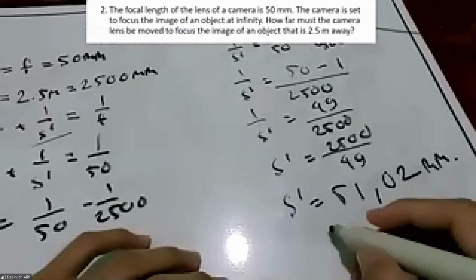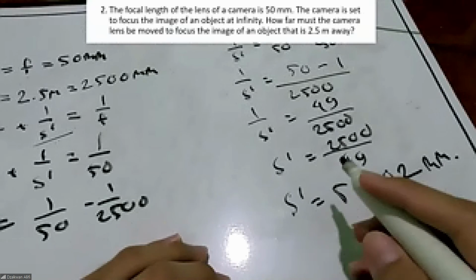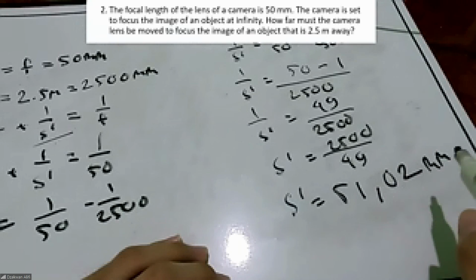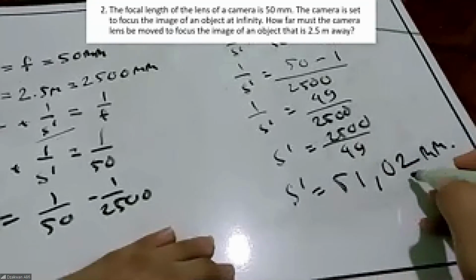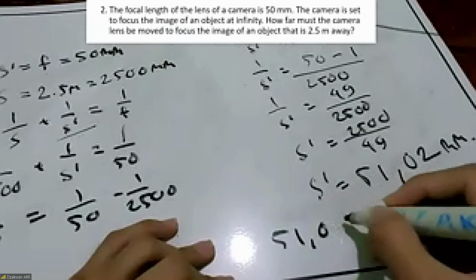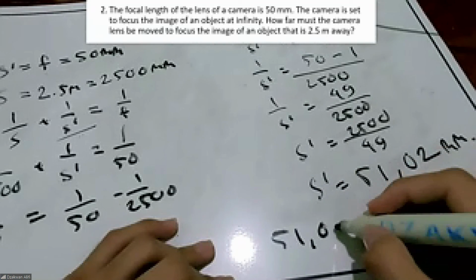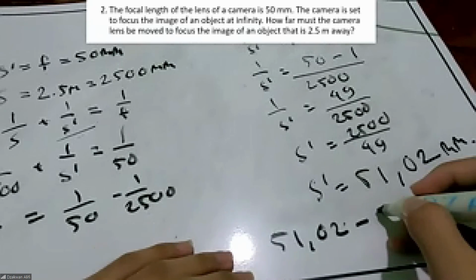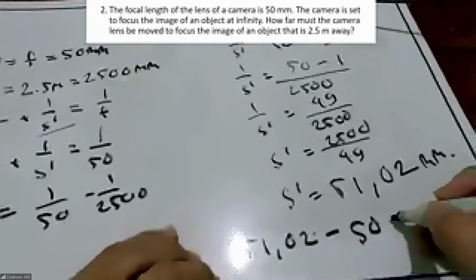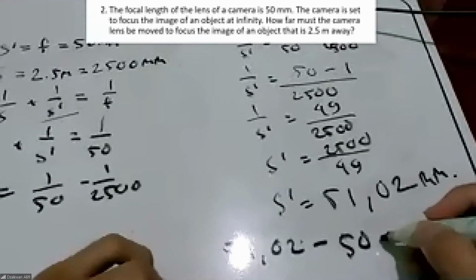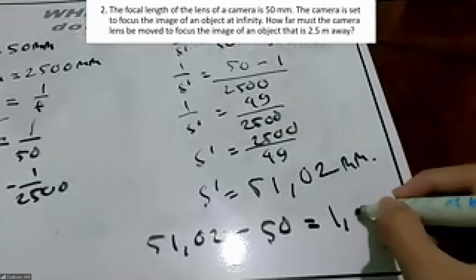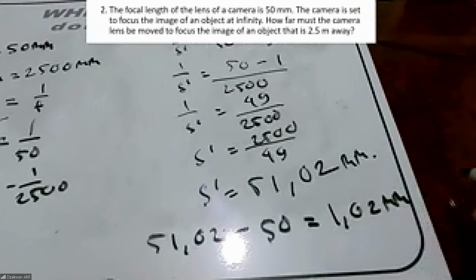Because we will find how far the lens is shifted, we subtract this s accent by the first focal length, 50 millimeter, and the answer is 1.02 millimeter.